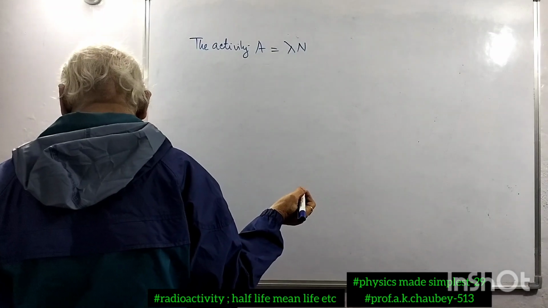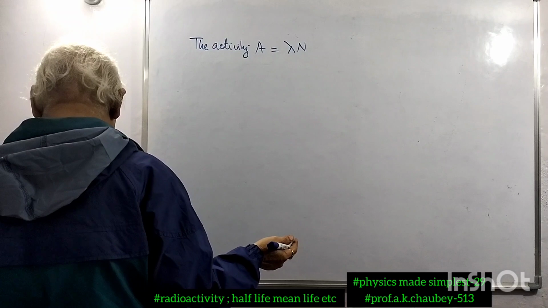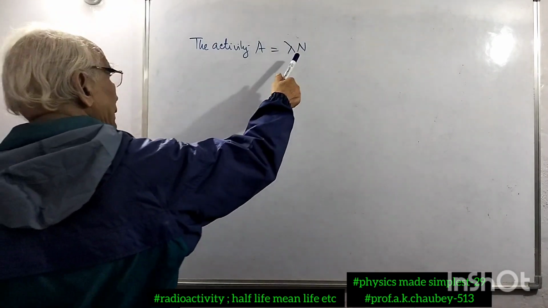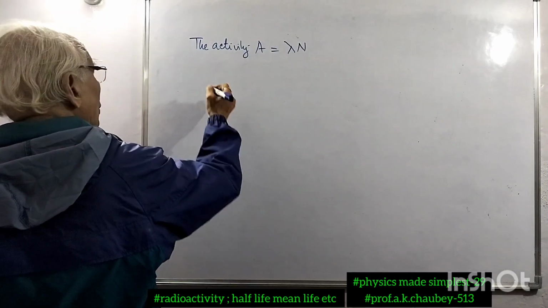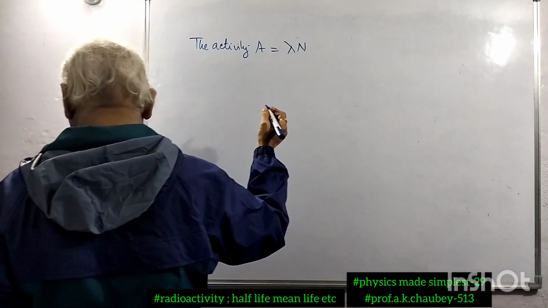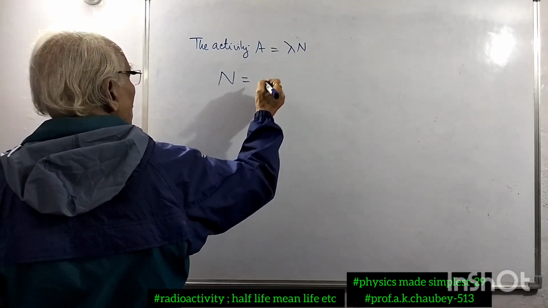N is the number of nuclei, and lambda we have calculated. So the activity we know, and now we find N.